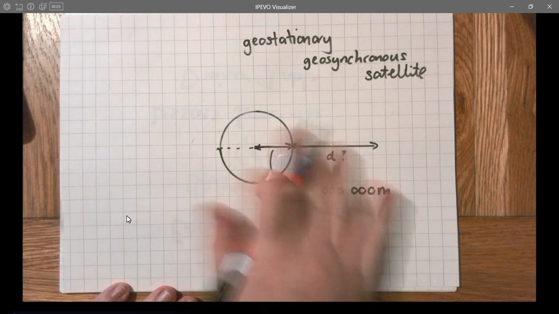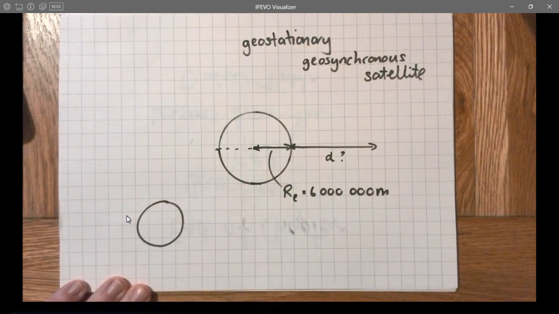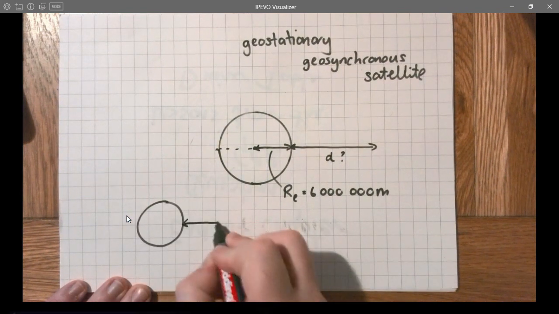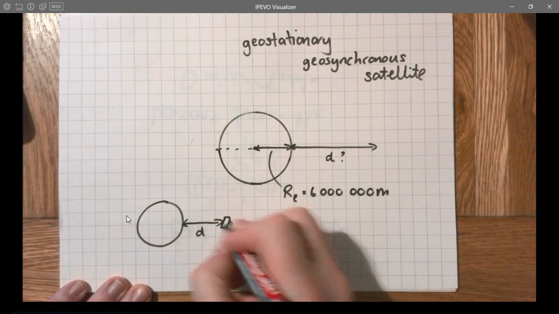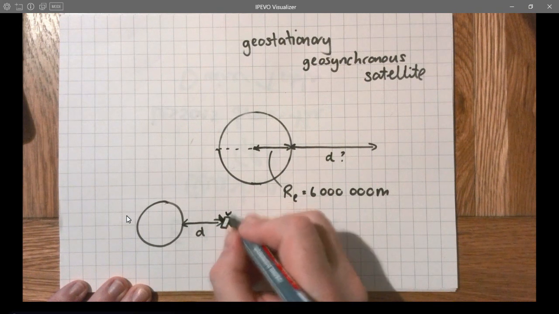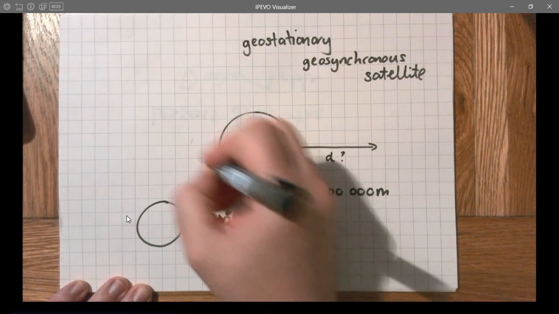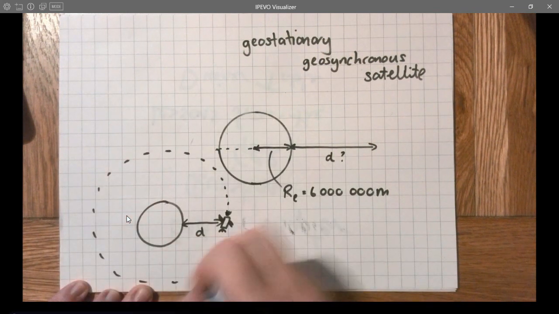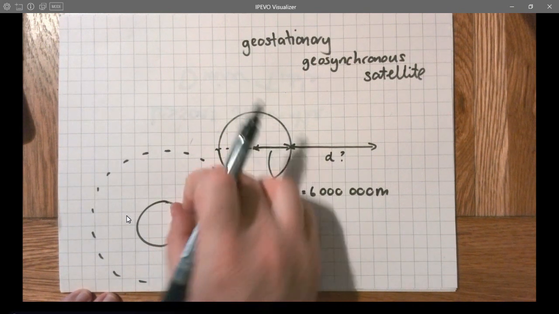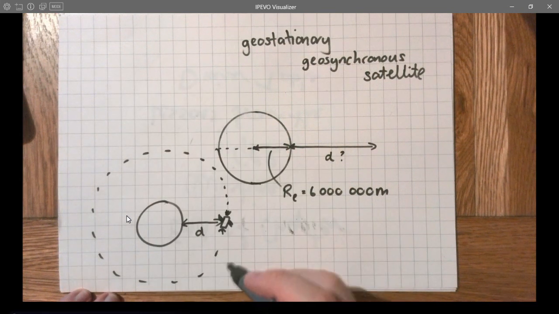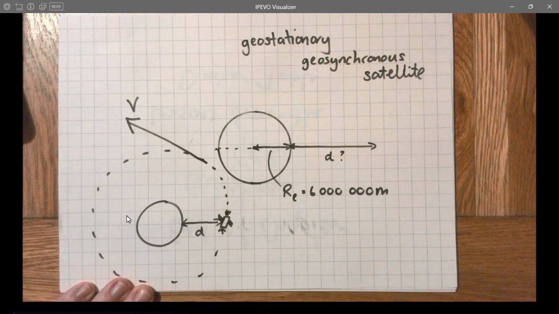So I'm going to take this diagram and look at it from the plan view. Here's the Earth, and I want you to imagine this distance D. There's my satellite, with the little solar panels and a little communications disk, and it's going to be traveling around the Earth, always maintaining this distance, and it has to do that by maintaining a certain velocity.